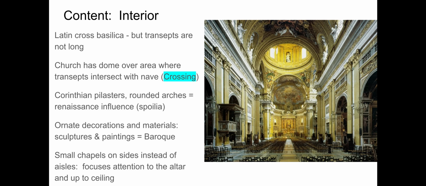And it has a singular dome over an area where the transepts intersect with the nave, and that is called a crossing. So crossing, again, is where transepts intersect with the nave. And so there's a little small dome over there, and that's where you're seeing a lot of the light coming through with the windows.